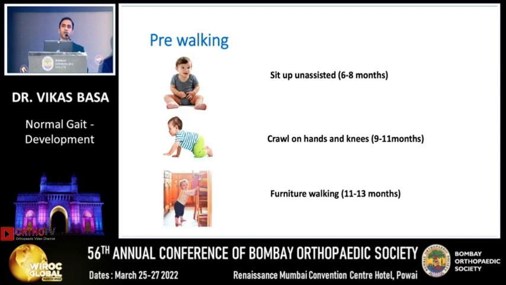Soon they hold on to some support and attempt to stand. This is the time when the anti-gravity muscles of the lower limbs come into action. Soon later they learn to walk. But each child is an individual, so some children may not follow all of these stages. But these motor milestones are very important for building the strength in the anti-gravity muscles, which are important for setting up of walking.